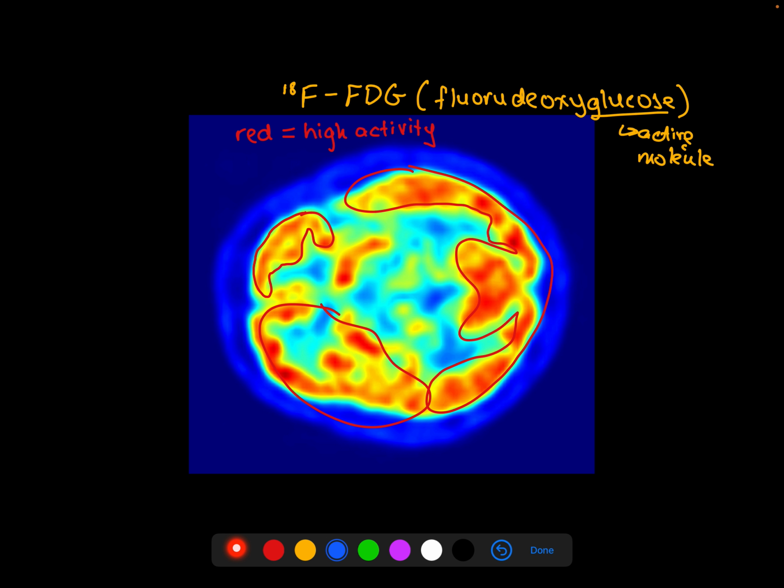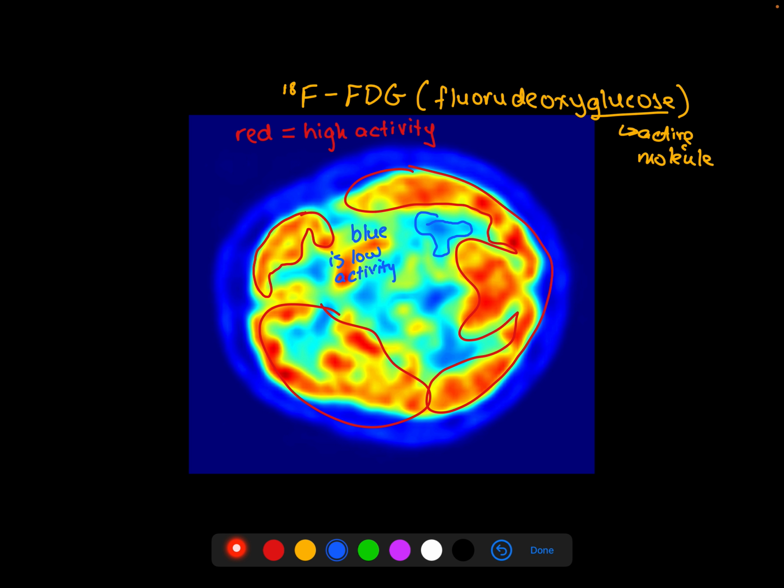Blue, on the other hand, where can I write this? Blue is low activity. So you have some areas here. Okay, so that's the color coding.